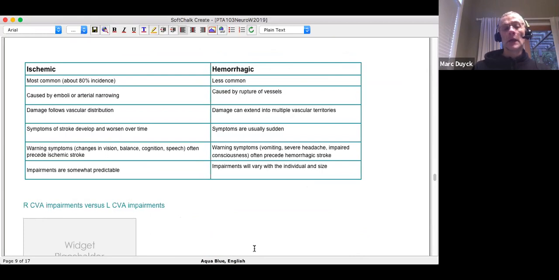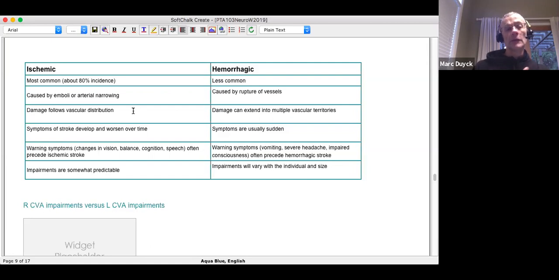So there are conditions such as vascular dementia that we'll talk about more next year, where the vessels that supply blood to our various arteries become more narrow, and as a result there can be little mini strokes that can occur because of that narrowing. So that is one example.